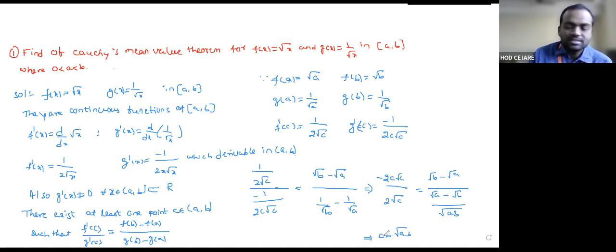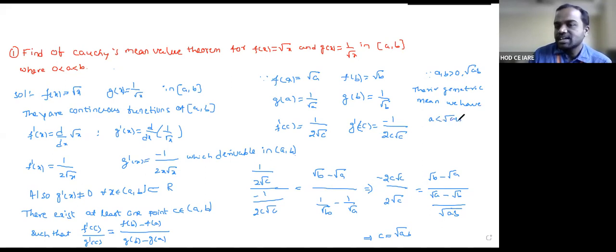Since a, b are greater than 0, c is root ab, which is the geometric mean. You can write a is less than root ab is less than b.